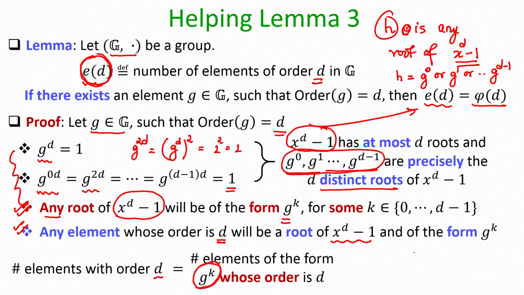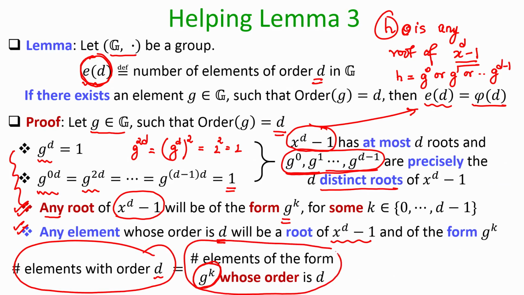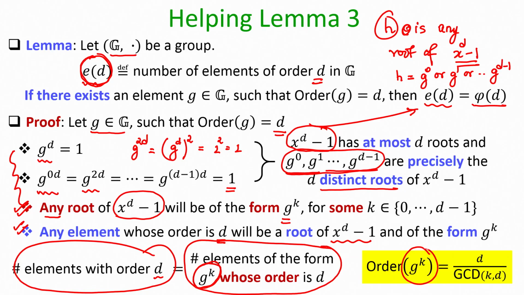So, my goal was to find the number of elements whose order is d. I have reduced that problem to another problem, namely finding the number of elements of the form g^k whose order is d. But my helping lemma 2 says that the order of the element g^k will be d over the GCD of k and d.